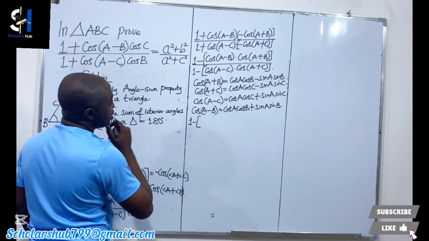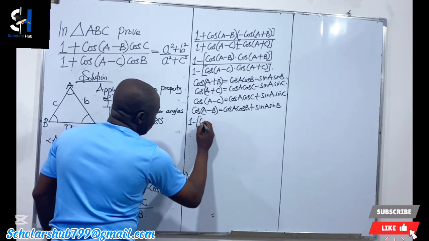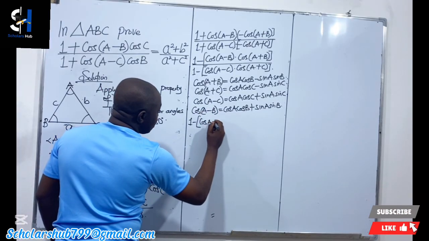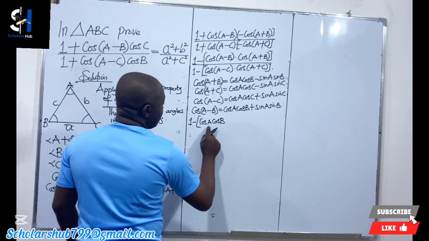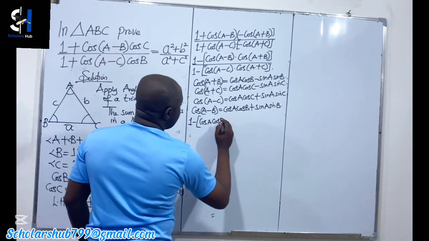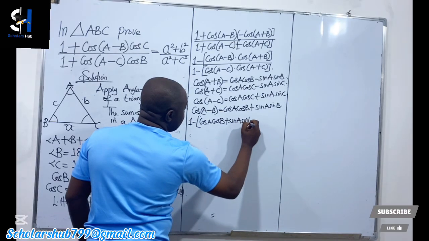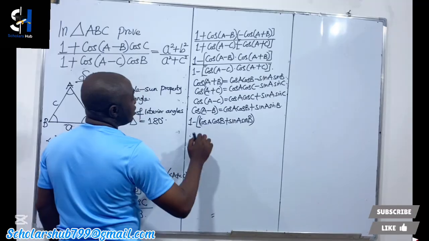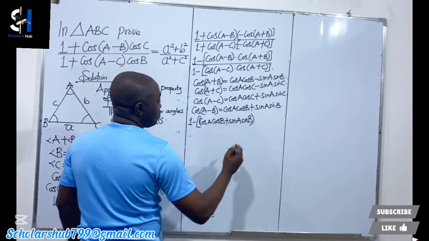open square bracket. So we have cos(A minus B), that will be cos A cos B plus sin A sin B. We are multiplying it by cos(A plus B).